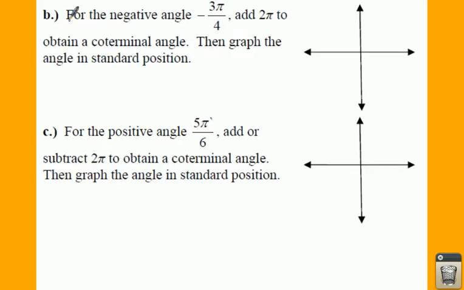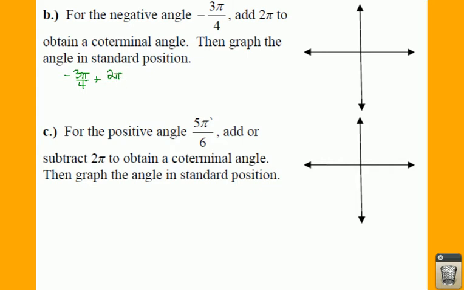So let's look at another example here. Say you have a negative angle. Negative angles, remember, go clockwise around your graph. You need to add 2 pi to obtain a coterminal angle. So we're going to start with negative 3 pi over 4, and it says to add 2 pi.